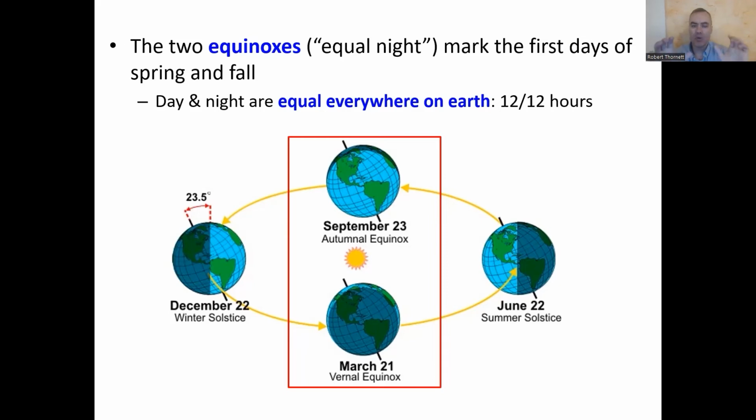It's the same 12-hour daylight and 12-hour night everywhere in the world, not just in some places, but everywhere. That's what the equinox is. On the first day of spring and the first day of fall, you have 12-hour days and 12-hour nights everywhere in the world. So let's look and see why that would be exactly, based on what we've been talking about.